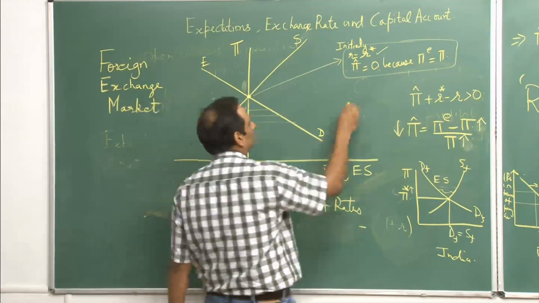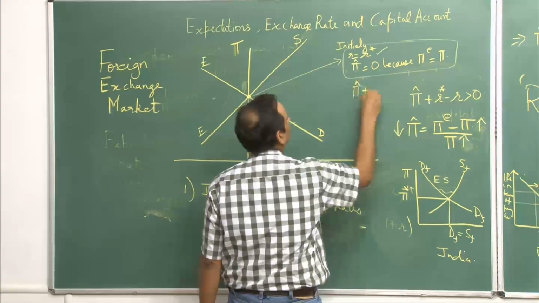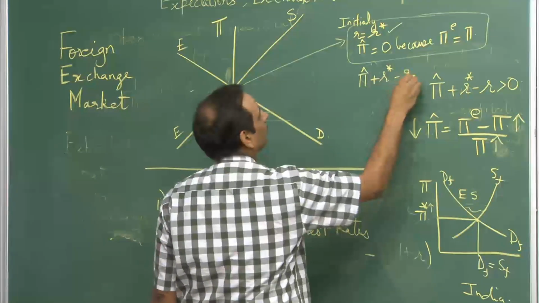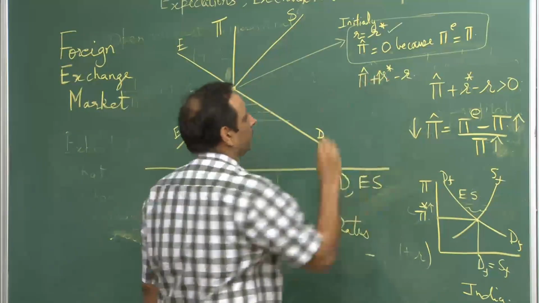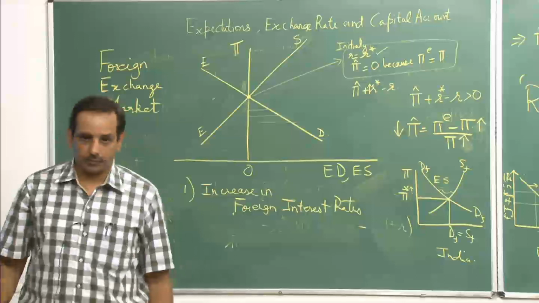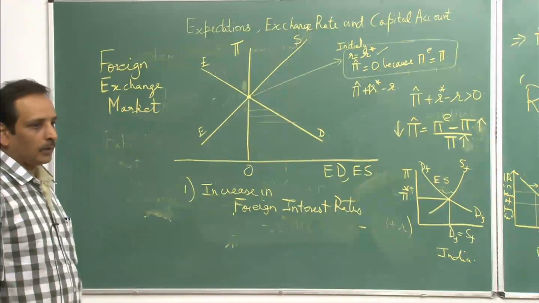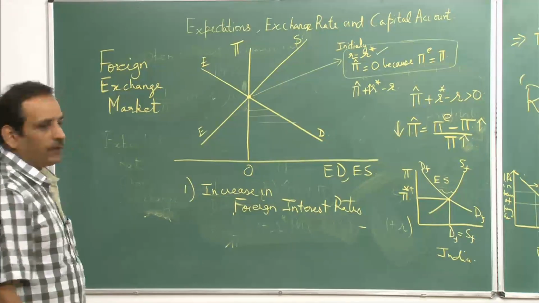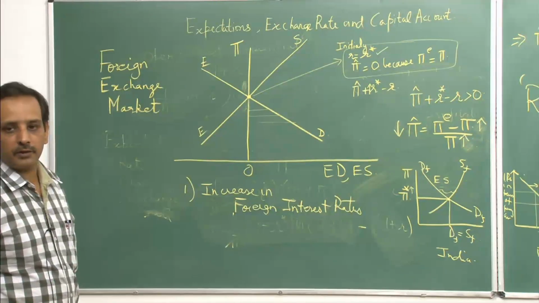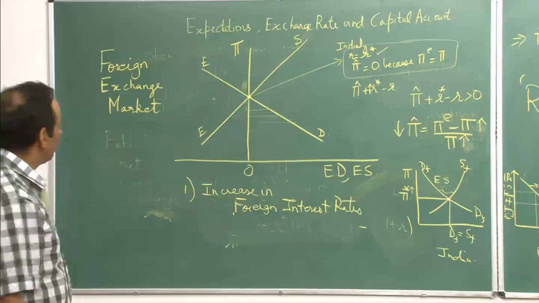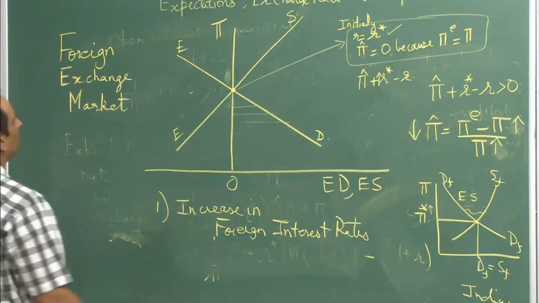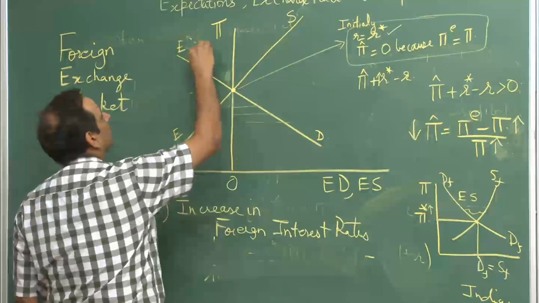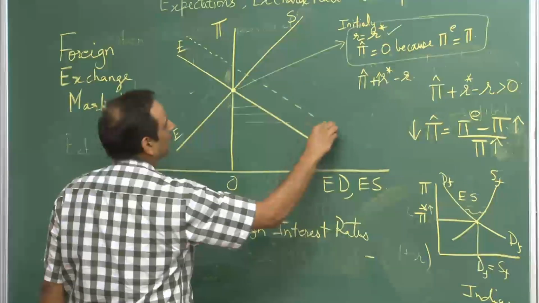Now, this goes up, R star goes up. So, if R star goes up, there is an open interest differential, the ED curve will shift because it is like a shift factor.